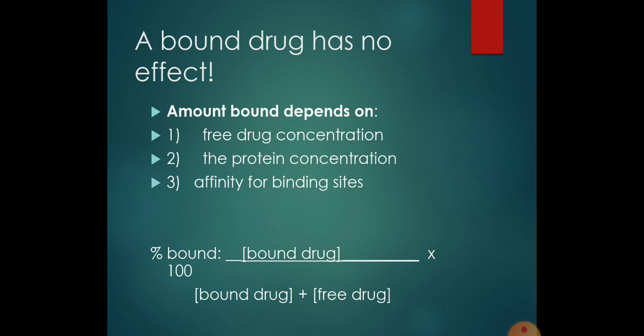Bound fraction is usually the inactive fraction of the drug. High degree of protein binding generally makes the drug long acting because the bound fraction is not available for metabolism or for excretion unless it is actively extracted by liver or kidney tubules.